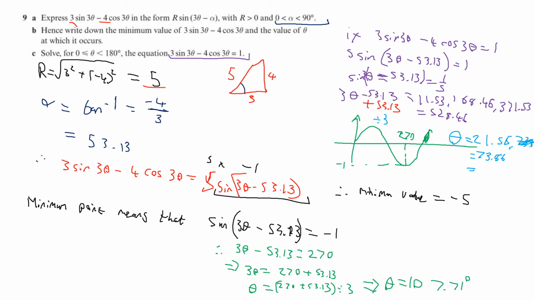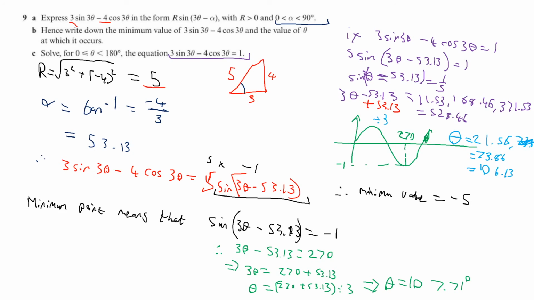Okay. For our third value, we should get an answer of, if we add 53.13 and then divide the answer by 3, we should get 106.13. And finally, let's test the other value. I'm not sure if it will work. It might do.